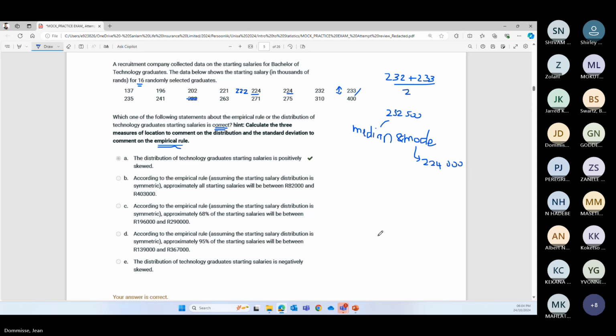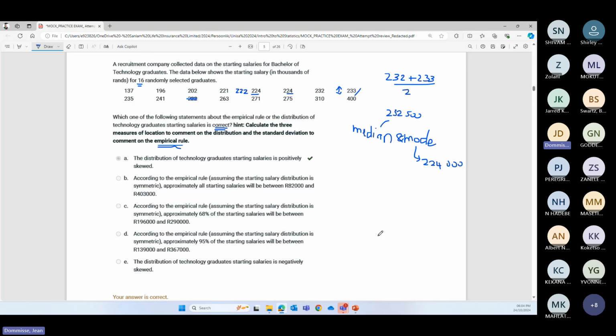Then we can check in study unit 3. What's it, study unit 3 or study unit 2? Let me just quickly see where I have. Study unit 3, yes.